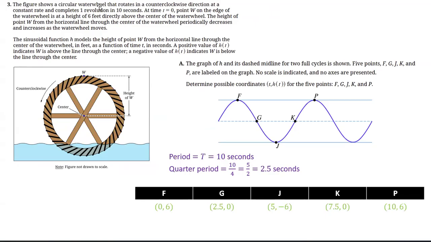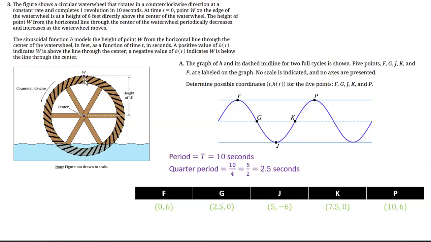The figure shows a circular water wheel that rotates in a counterclockwise direction at a constant rate and completes 1 revolution in 10 seconds. This is the period, 1 revolution in 10 seconds. At time t equals 0, point W on the edge of the water wheel, point W is up here, is at a height of 6 feet directly above the center of the water wheel.